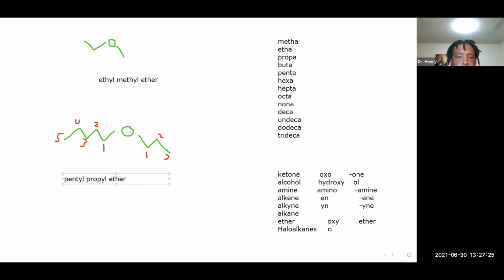Okay. So when ethers are with other functional groups, then we change the name a little bit.